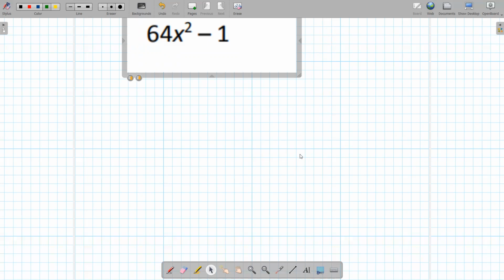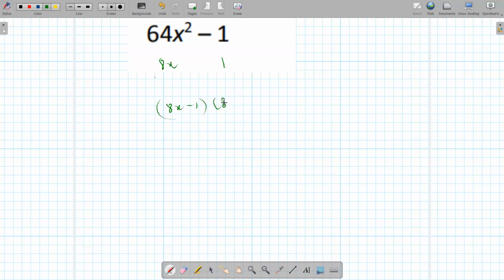Yes, you can. 1 squared is 1. So 8x and then 1? Yeah, exactly. A is 8x and b is 1. So 8x minus 1 times 8x plus 1. Because if b squared is 1, b is still 1, right? If you square root both sides, b is still 1. So 8x minus 1, 8x plus 1.